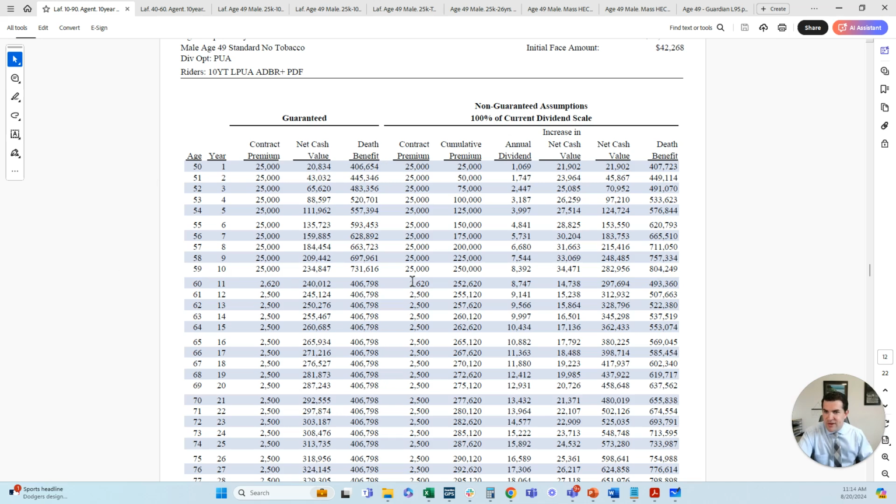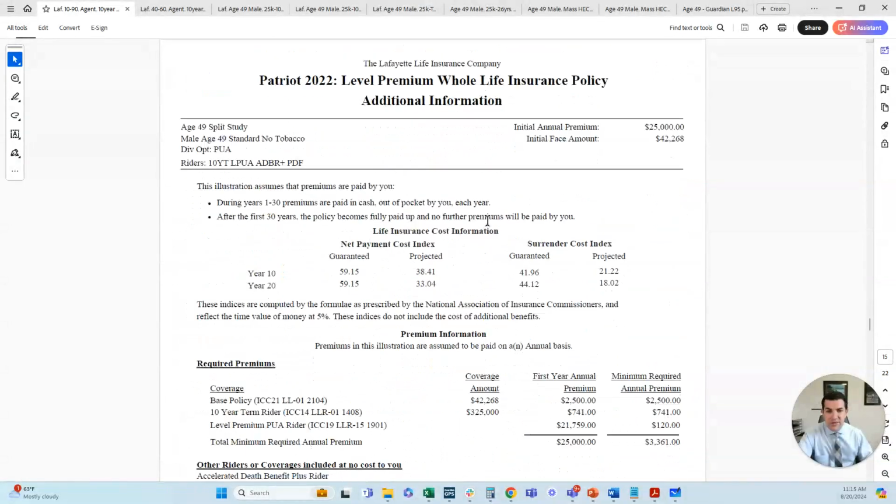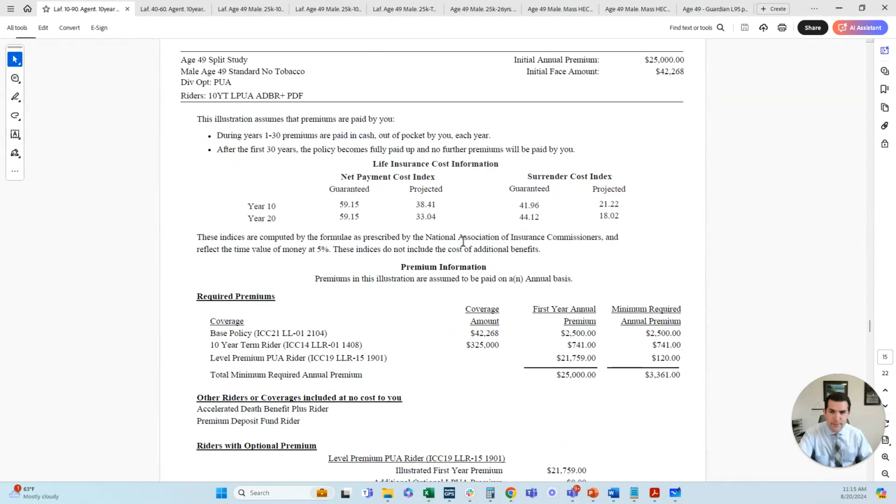Now, how do you know that this is actually a 10/90? Because I said it was. I typed it out in the Word document. But how do you actually know? Well, all life insurance illustrations do disclose where your money is going in terms of premium and different riders. We have to look at different sections depending on the company and product.